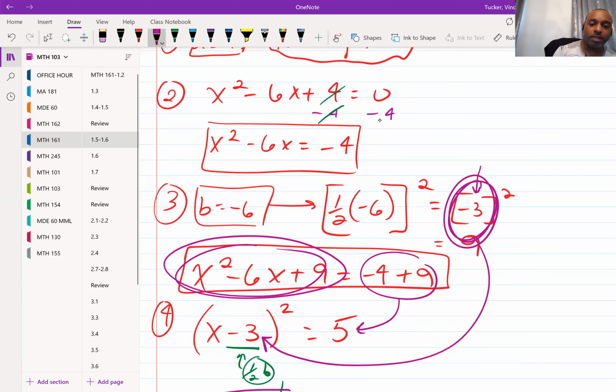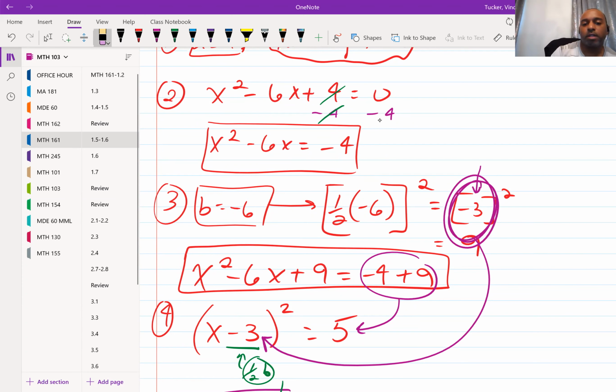That's always going to be the case. So notice half of -6 was -3, so we have x minus 3. You know, we have x minus 3 squared, and then it's equal to 5 because -4 plus 9 is 5.